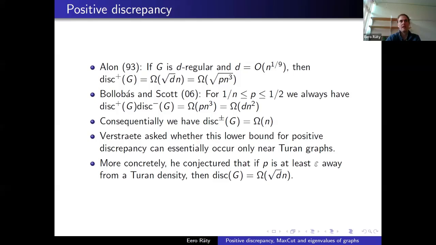Or there is an even more powerful variant of this conjecture: if G is just epsilon n squared away from a Turán graph in cut distance, is it still the case that the positive discrepancy is of the same order as for a random graph?